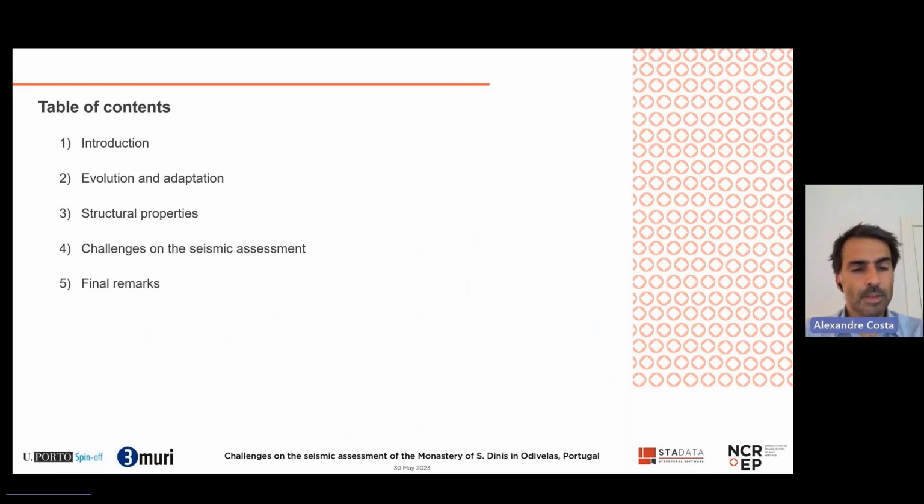Then some information regarding the structural properties, what was made, how we came out with the structural property we used in the model, and then the main part, the challenges that we face for the seismic assessment. Last, we present some final remarks.